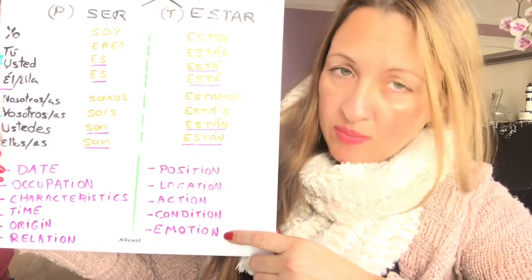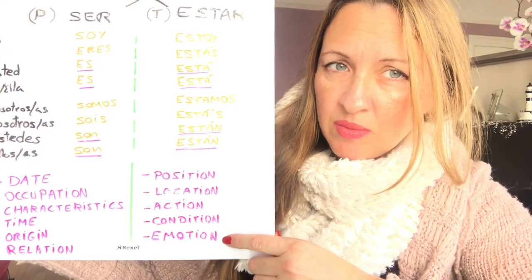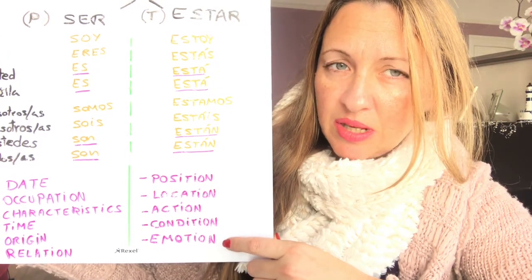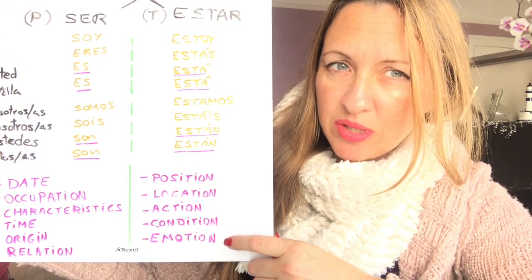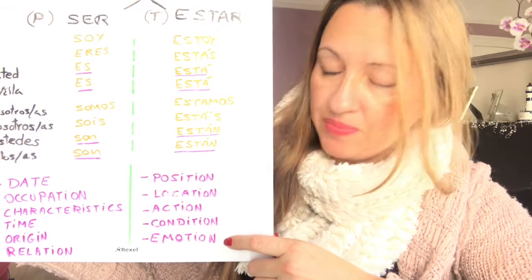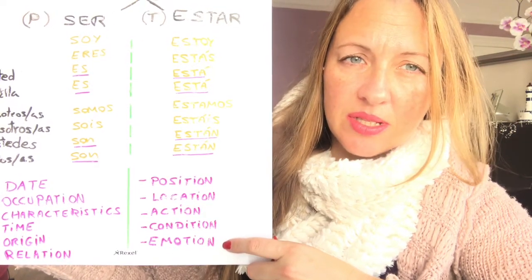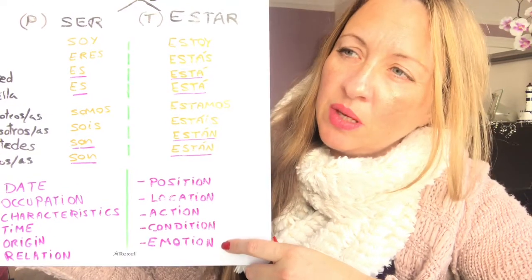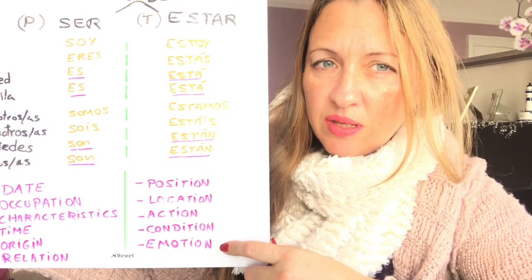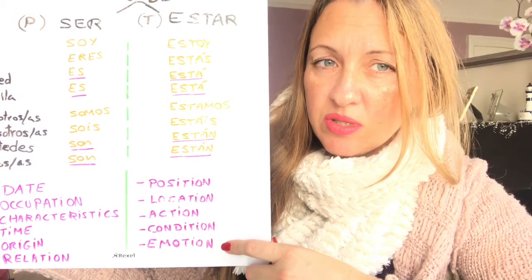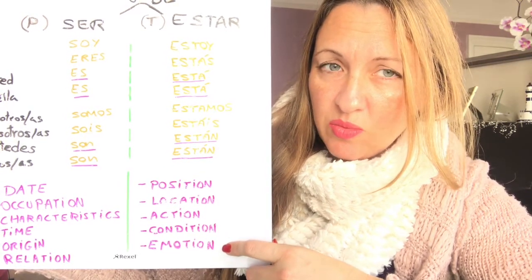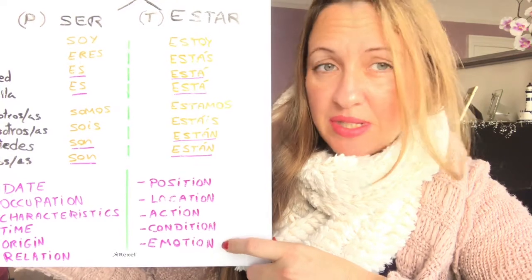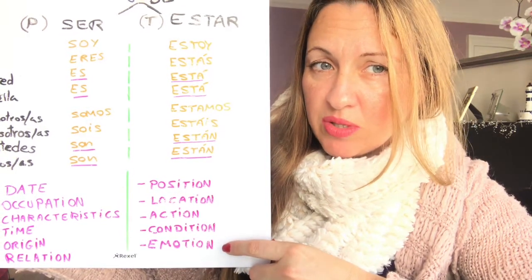And then emotion. Emotion would be estar as well, because emotions can change easily. We can be happy one moment, we can be bored another time. I mean, the emotions always change, and this is why we use the verb estar for expressing emotions.